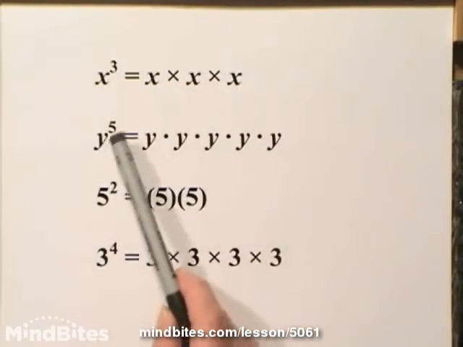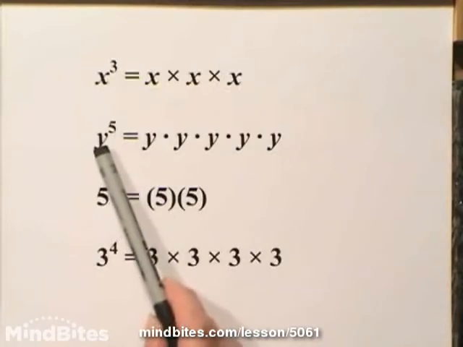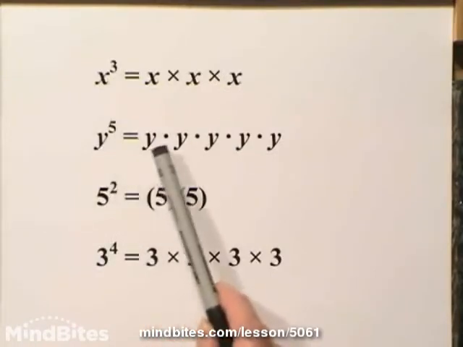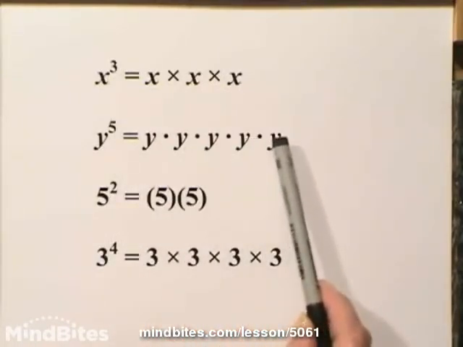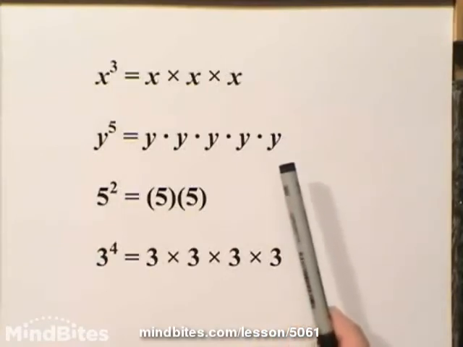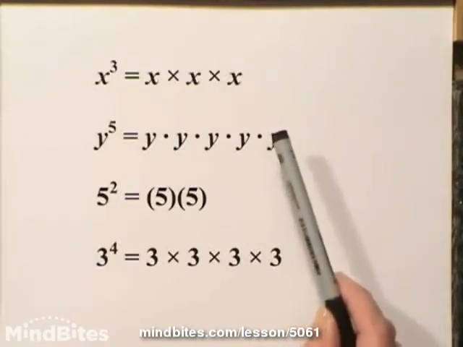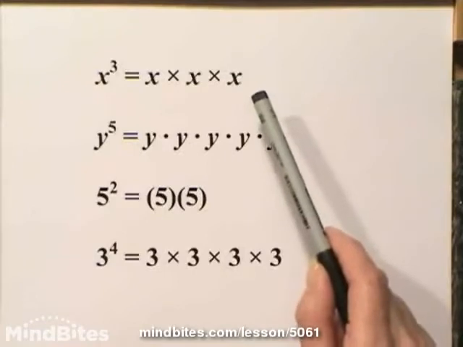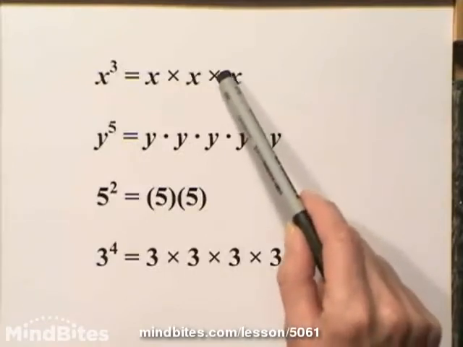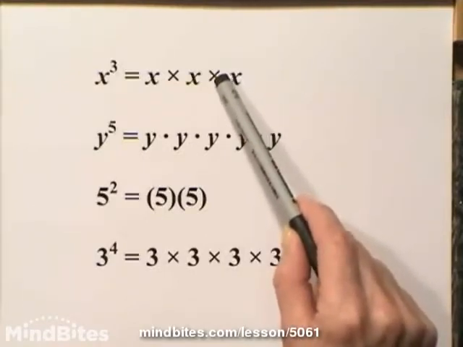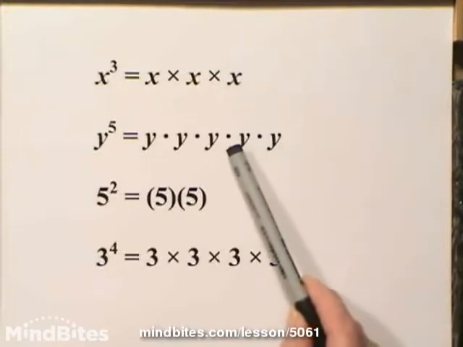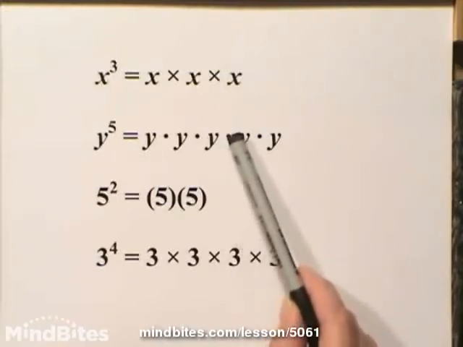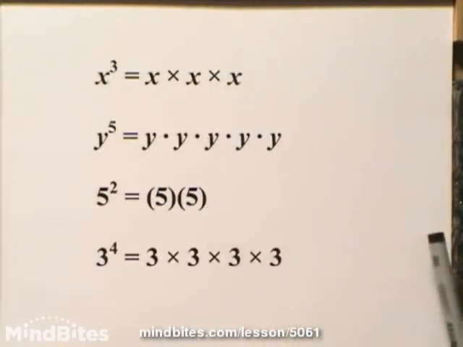Y to the 5th means take the base y, write it down 1, 2, 3, 4, 5, and multiply. Now I'm also showing you on this page the different ways that you can write multiplication. Multiplication can be written with a multiplication times sign, or with a raised dot, or brackets, so you have your option how you'd like to write it.